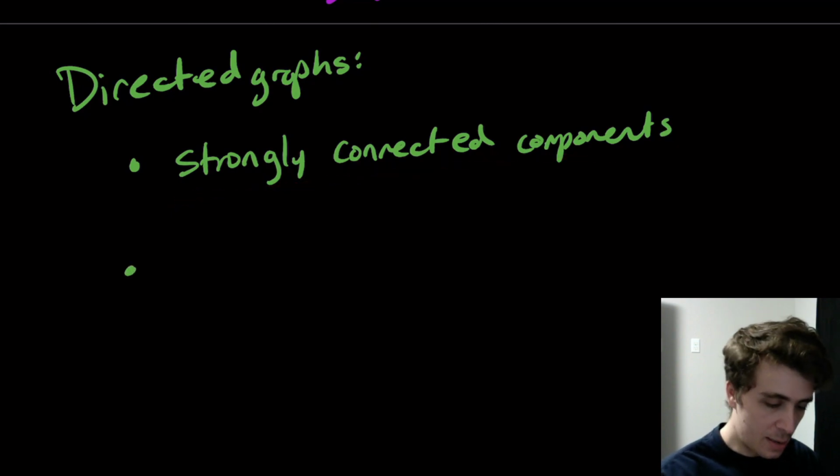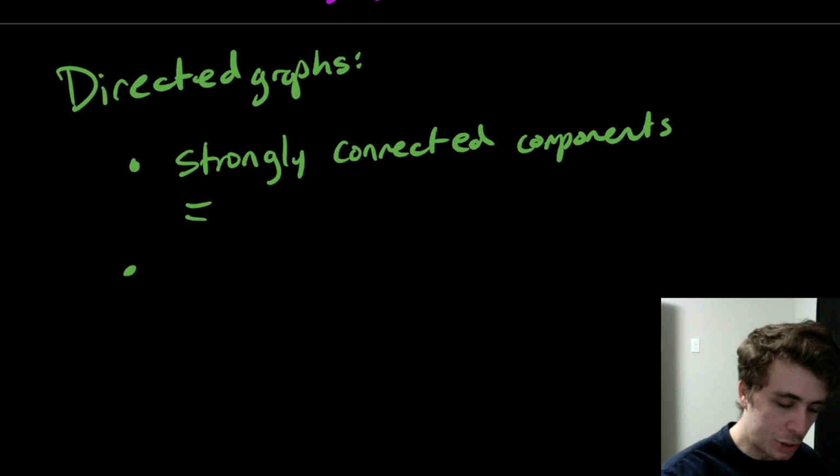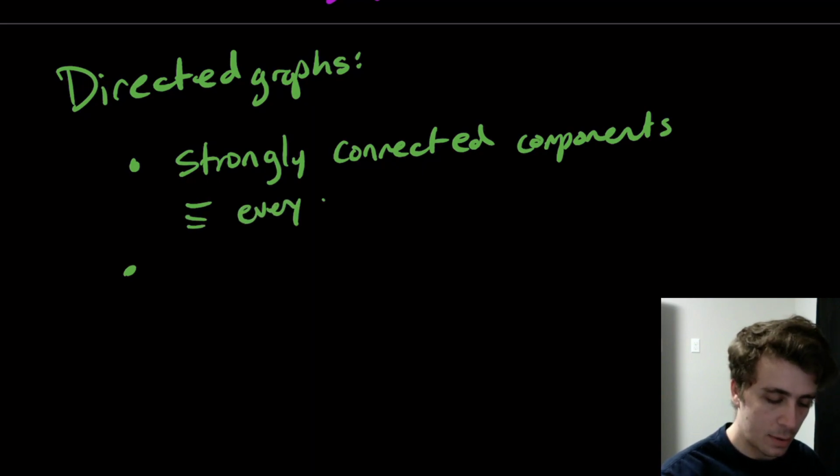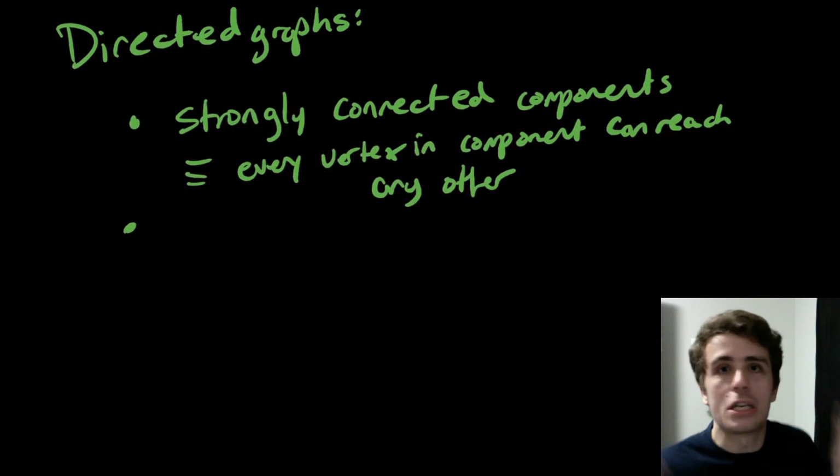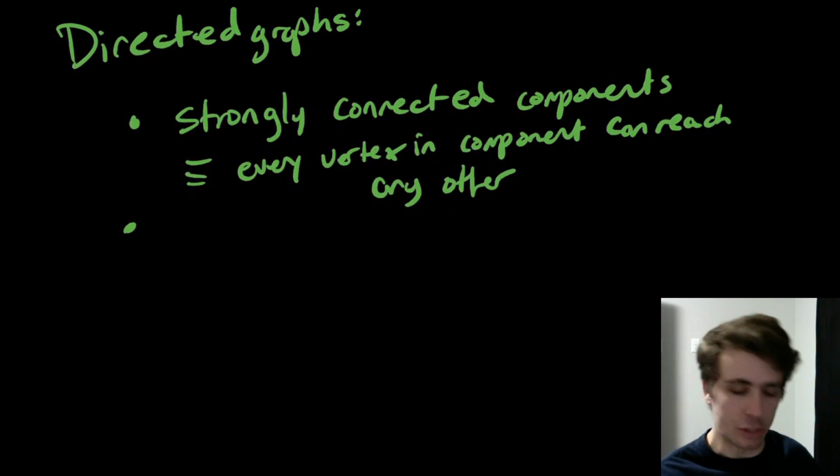So what does strongly mean? It means every vertex in the component can reach any other. Okay, so just the usual definition. Every vertex can reach every other.